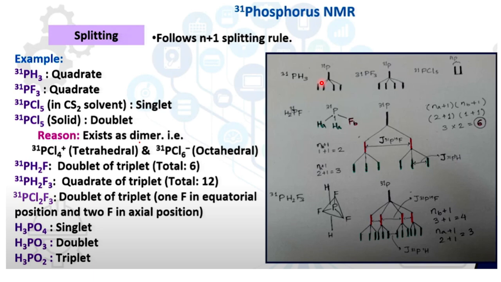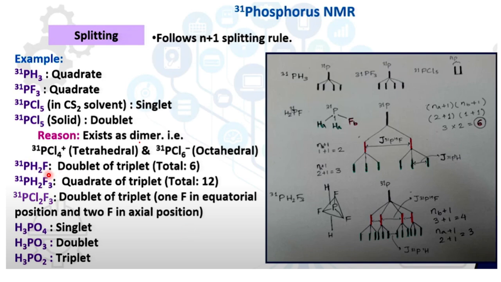So that's why we will get a doublet type of peak in the case of solid PCl5, but if it is in solution phase, we will get a singlet type of peak. Similarly, H3PO4 will be a singlet, H3PO3 will be a doublet, and H3PO2 will be a triplet.